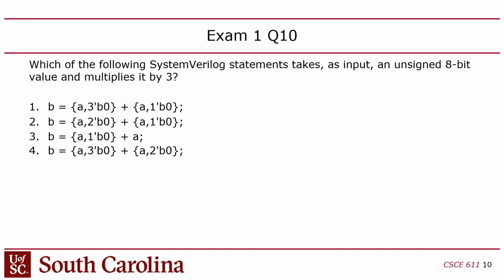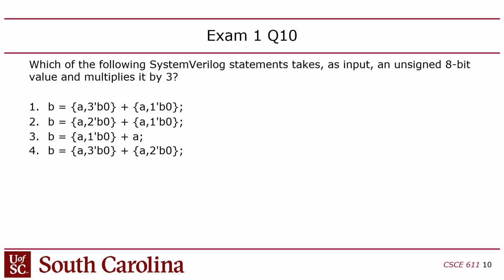So you multiply it by 2 and then multiply it by 1 and add those together. If you take a value, you multiply it by 2, and then by 1, and add those together as partial products, right? It makes sense?